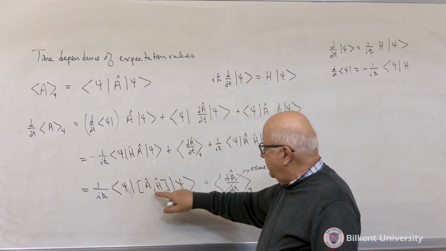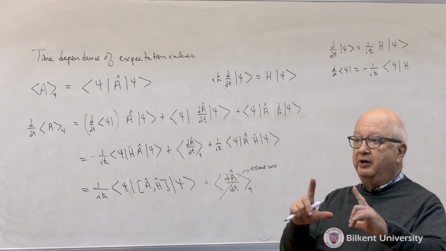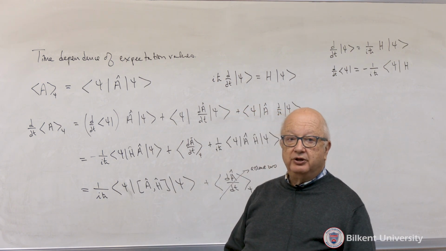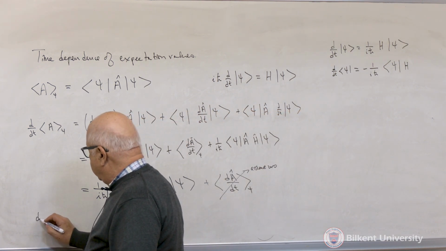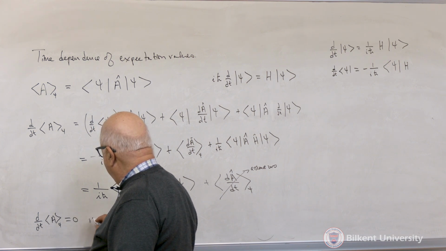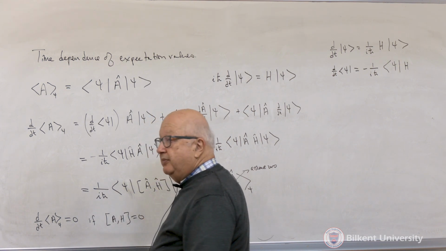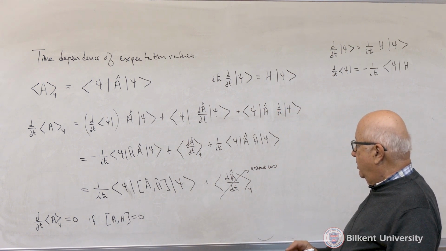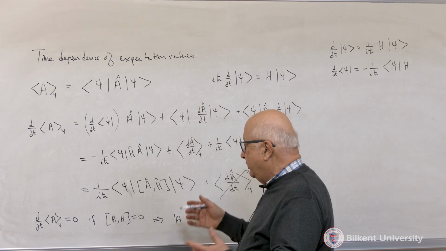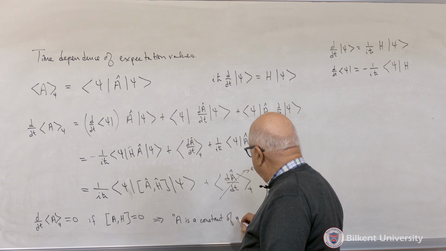So here you see the time dependence of the expectation value of an operator is not going to change if A commutes with H. We get this result that d/dt of the expectation value of A with respect to psi is equal to 0 if A commutes with H. Then we say the operator A, or the measurement A, whatever it is, is a constant of the motion.